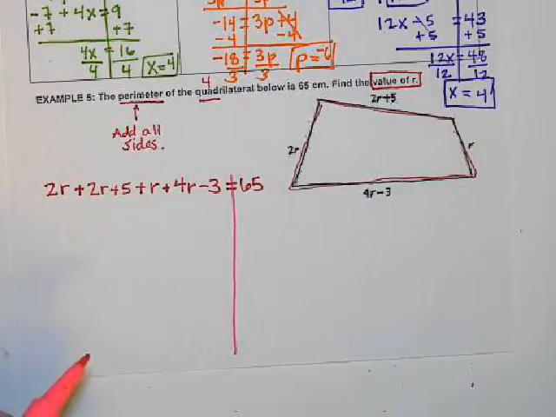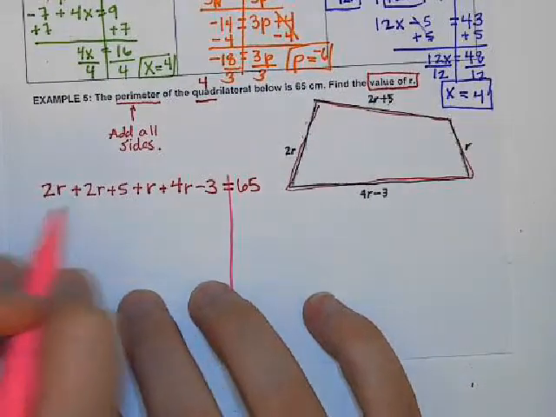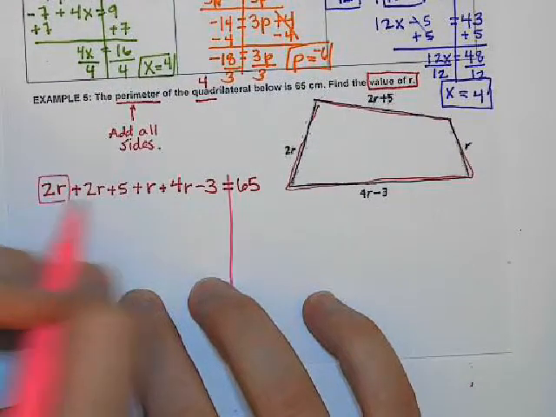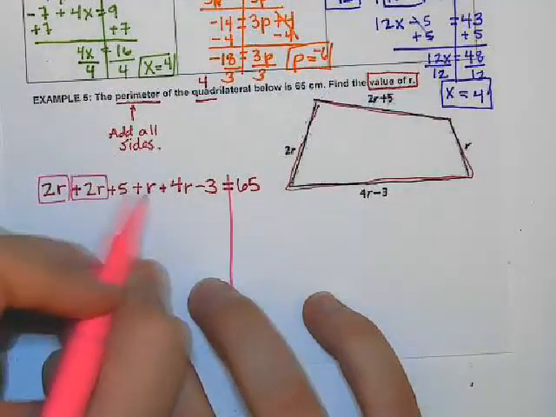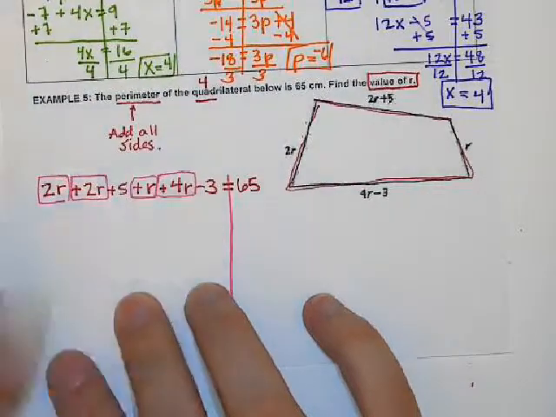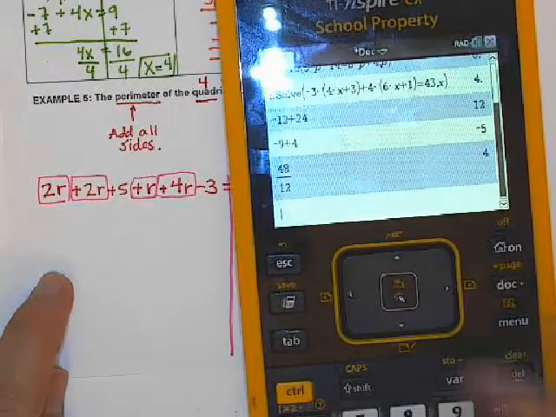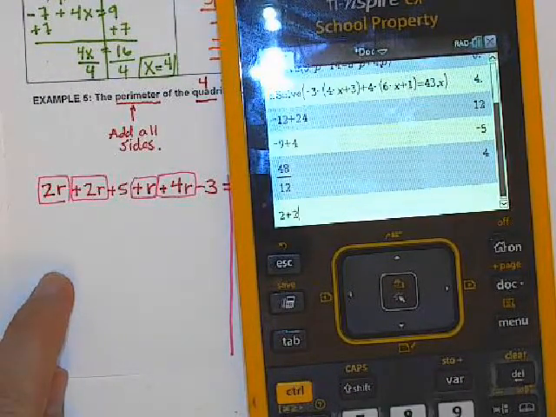What do I do first here? Combine like terms. So I'm going to box all my r's. R, R, R, R. So I'm combining all my r's. What am I doing? Adding 2 plus 2 plus 1.